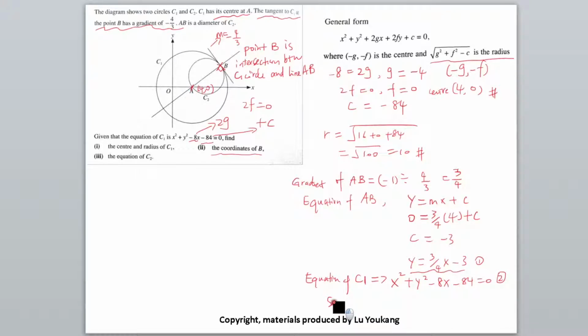So let's label equation 1 and equation 2, and sub equation 1 into our equation 2. So you get x squared plus bracket 3/4 x minus 3 to the power of 2 minus 8x minus 84 equals 0.